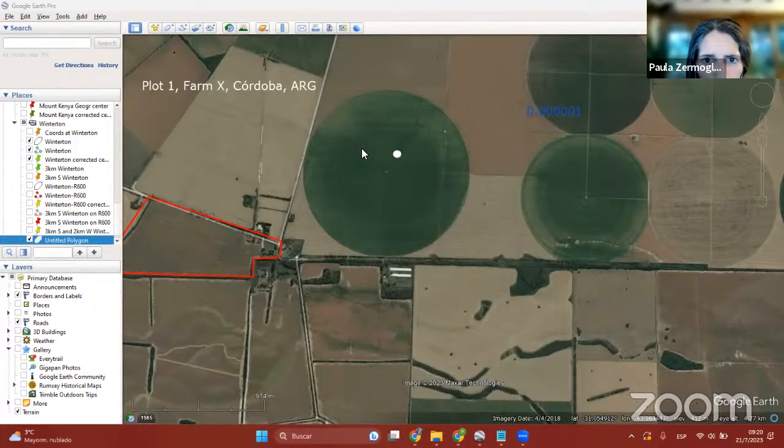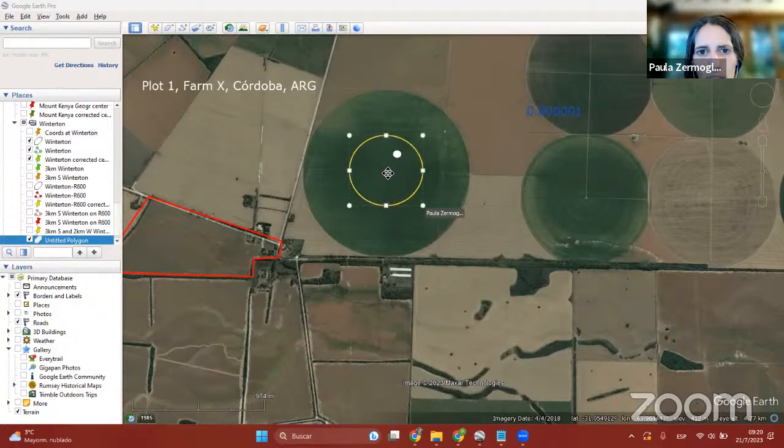So suppose that this plot in the farm was this big instead. If this was this big instead, and I provide these coordinates in the middle as the coordinates for the georeference, I could be mistaken by all this area, which is represented by that uncertainty.